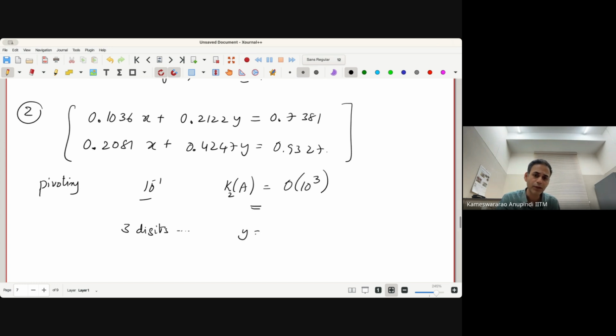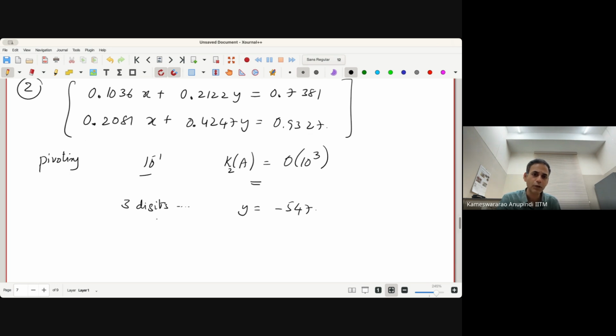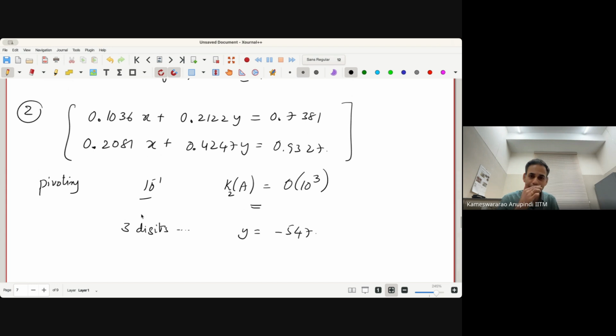Then the y value that you would get would be equal to minus 547. Now, if you have done the calculation with 3 significant digits, your y value is minus 547. We think it is correct and go back and use it, but it turns out it doesn't satisfy these equations. So if you go back and do the calculation with 4 digits and redo the entire calculation of Ax equal to b, that's going to give you a y value equal to 343.